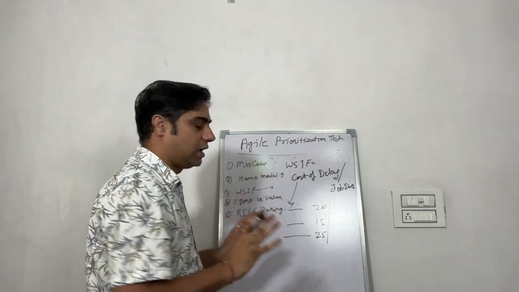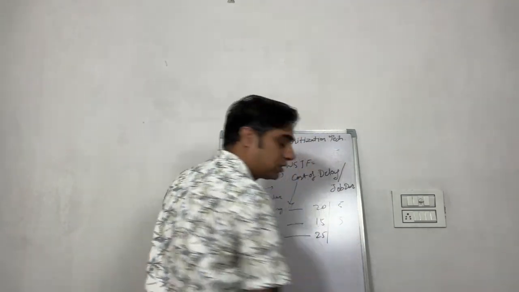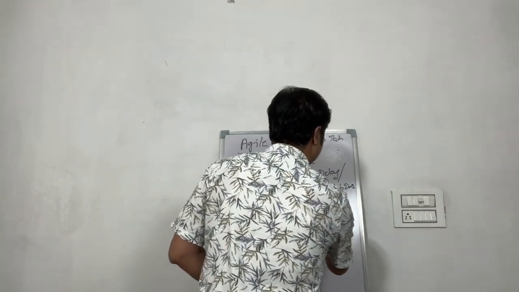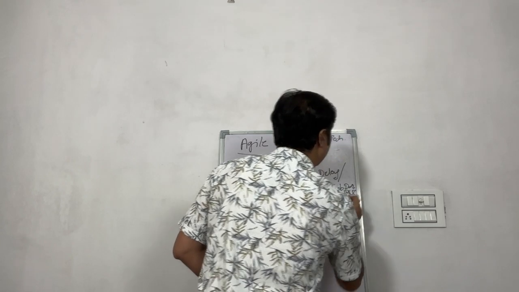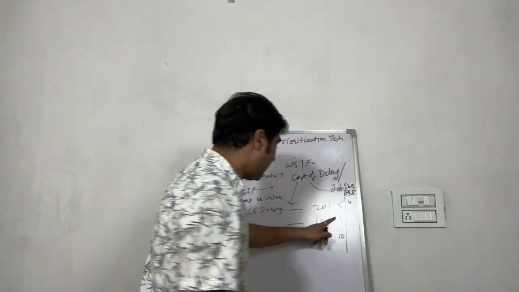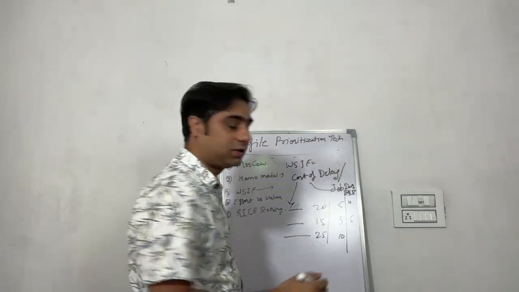Let's suppose this is 5, this is 3, and this is 10. Then you calculate the WSJF.